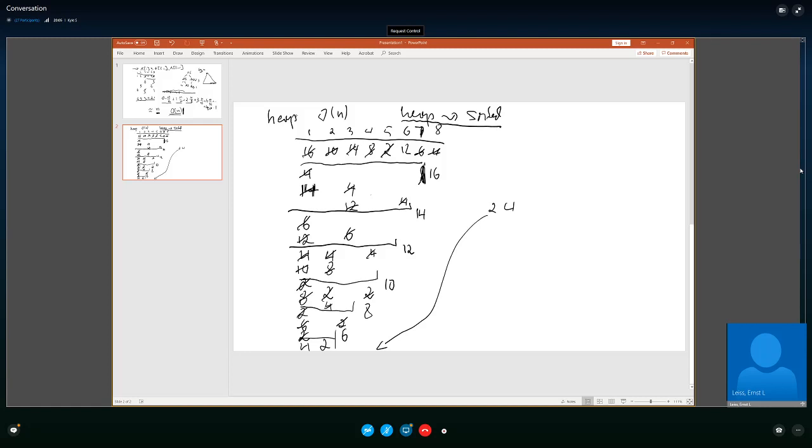Now, we've already said that the construction of the heap can in fact be done in time order of n. The sorted array, well, obviously what we have here is an algorithm that sorts by comparisons.